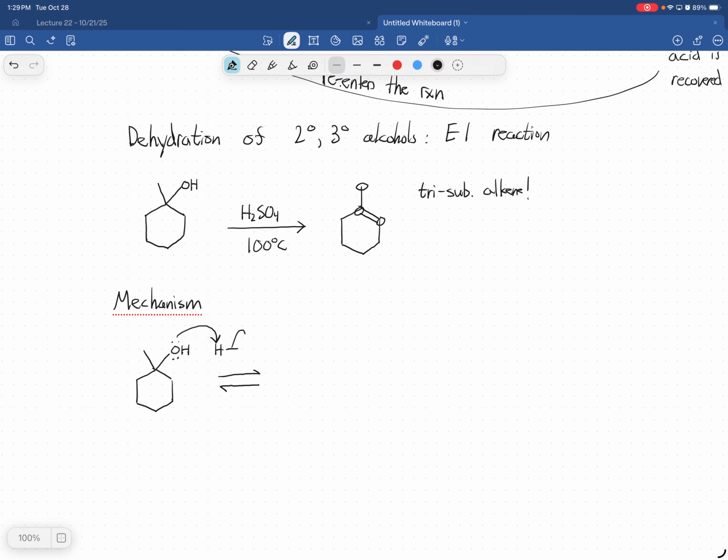My bad. So this should be an O first. So put an O there, then SO3H. All right. So we still get bisulfate as our counter ion, our conjugate base. And then here we get the protonated alcohol. So we have an oxonium ion here.